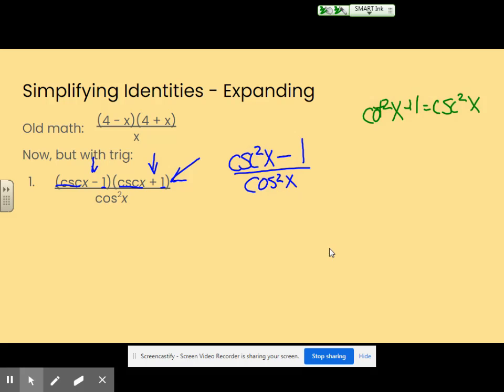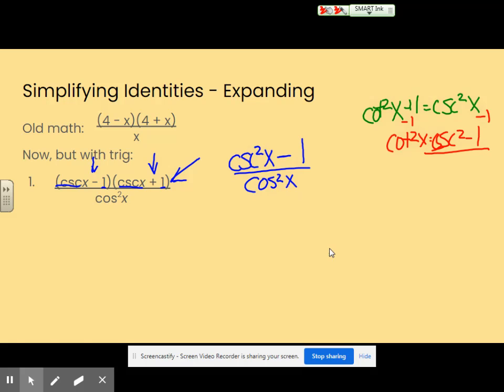It has a cosecant squared x, but I need a cosecant squared minus 1. And I think I can pretty easily do that, right? If I subtract 1 from both sides, making sure to keep everything nice and equal, I have cosecant squared x minus 1 equals cotangent squared x.